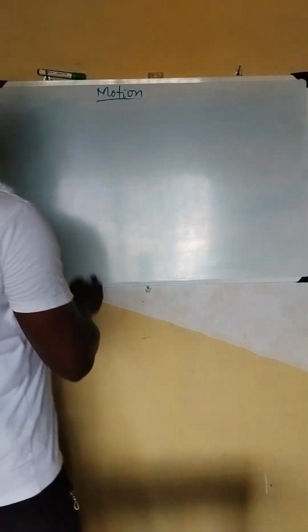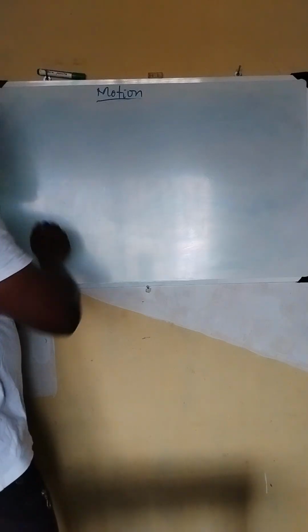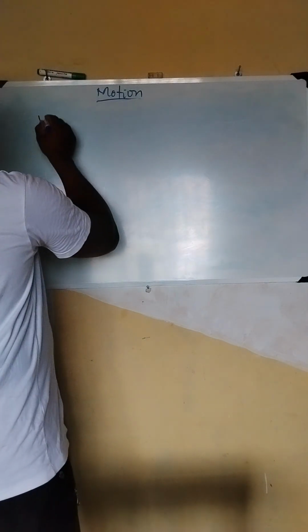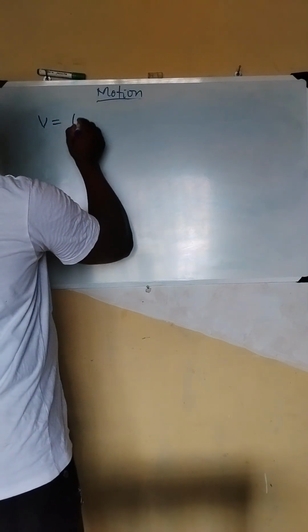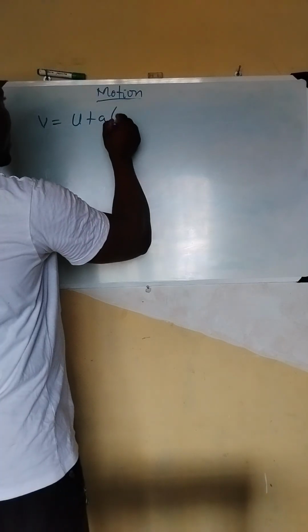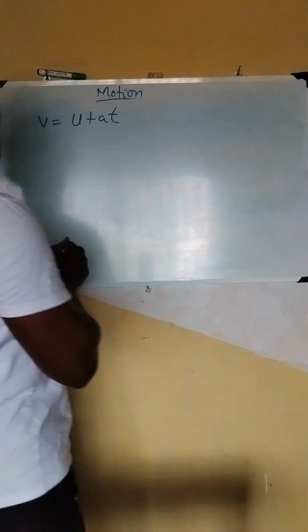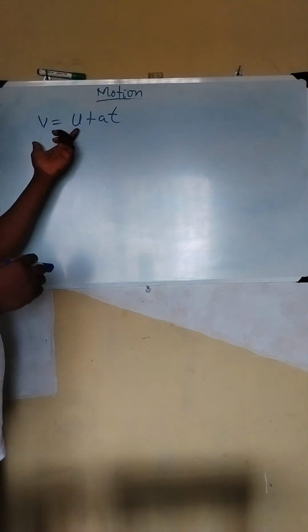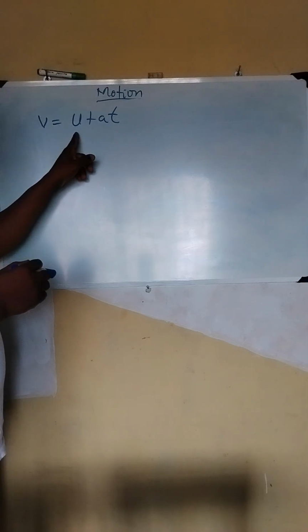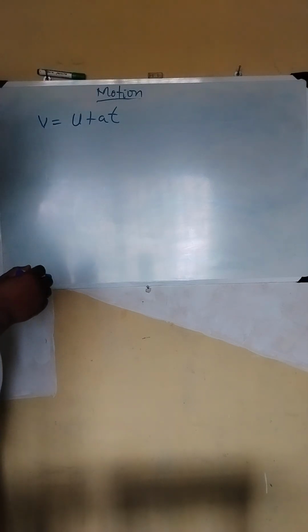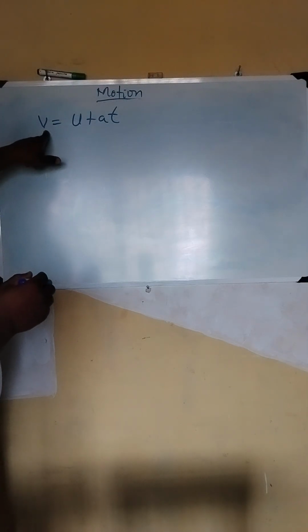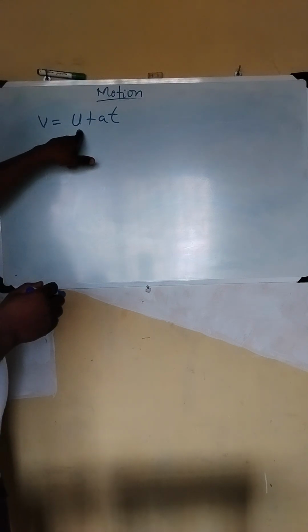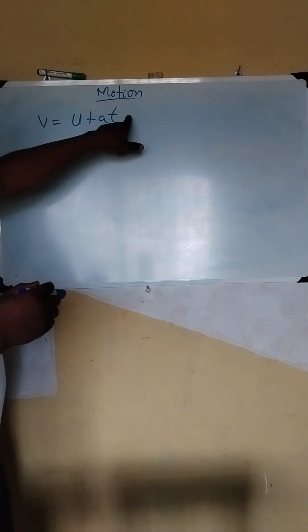Here, the first equation of motion is V is equal to U plus AT. So if you look at this equation very well now, V is equal to what? U plus AT. Here you have the final velocity, you have the initial velocity, you have the acceleration, and you have the what? The time.